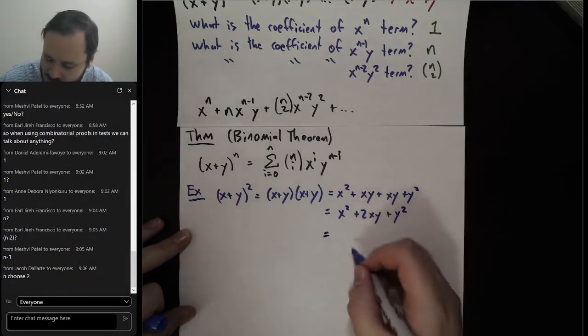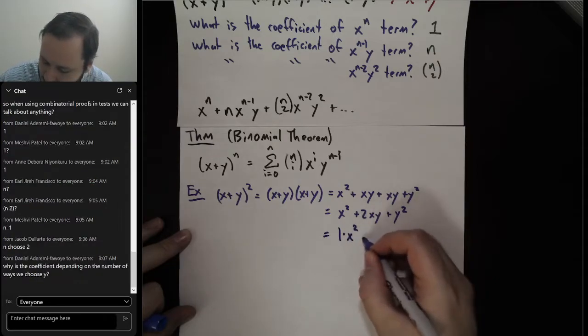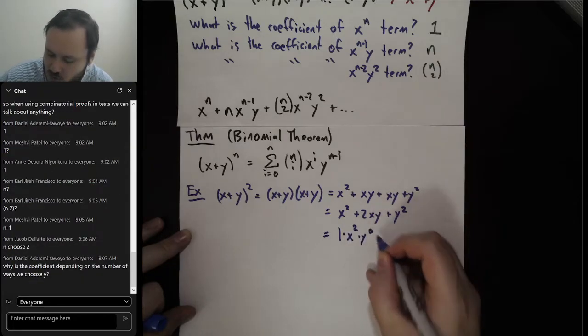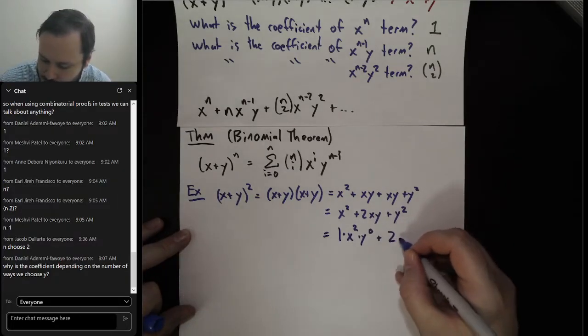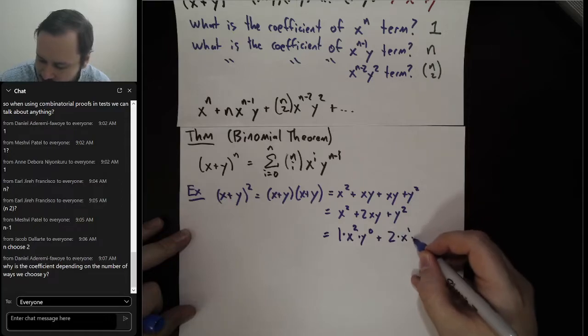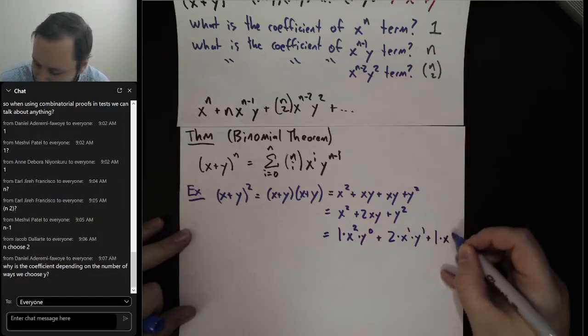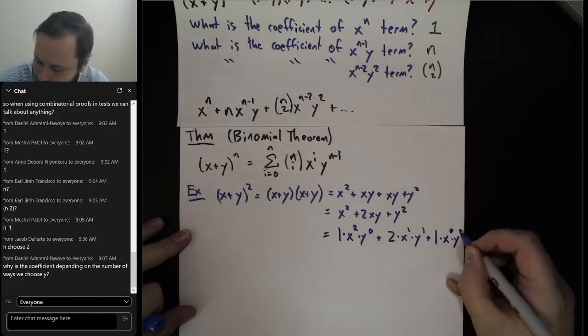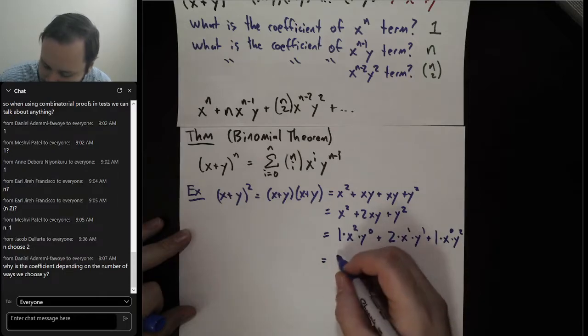And this is also 1 times x squared times y to the 0, because anything to the 0 is 1, plus 2 times x to the 1 times y to the 1, plus 1 times x to the 0 times y squared. And 2 choose 0.